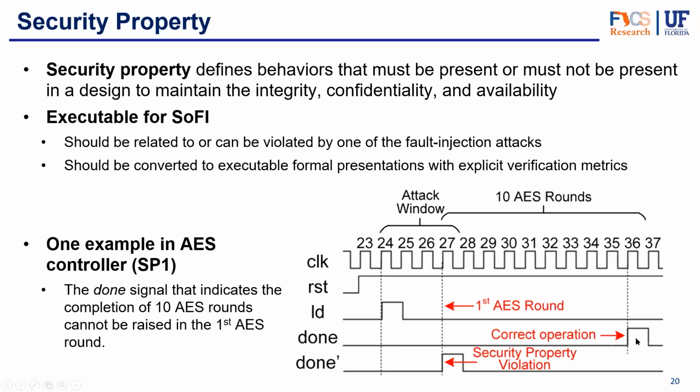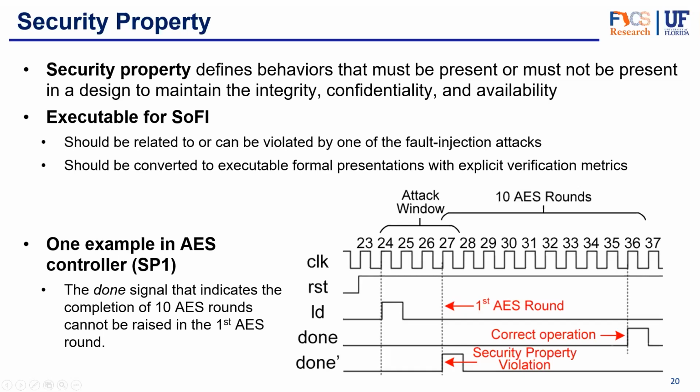It should be asserted after 10 rounds of AES operations, when the ciphertext is fully encrypted. Then done should be 1, meaning it's secure and nothing from the plaintext can be leaked.